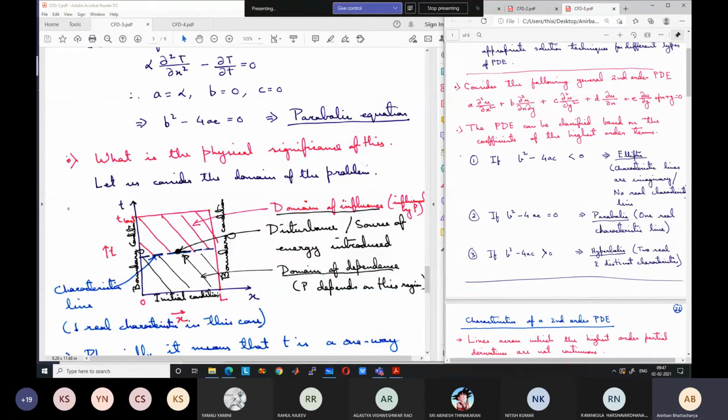Initially the temperature is 50 degree centigrade everywhere, but one side is 0 degree, one side is 100 degree. So initially the distribution will look like 100 degree here, then suddenly there is a jump, then 50, 50, 50, 50, and at the end it is 0 degree.